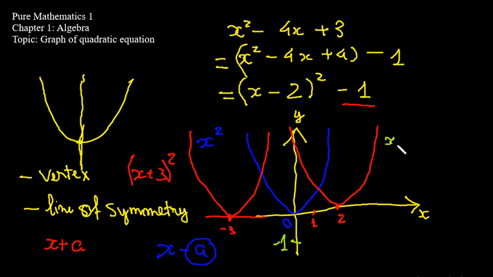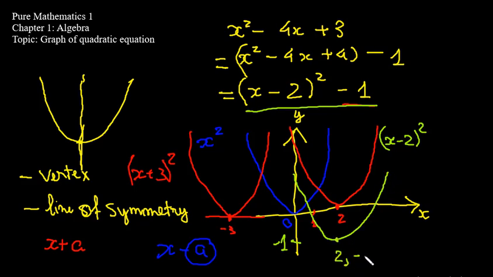Now I want to draw the graph of (x minus 2) squared minus 1. It will move down by 1, and its vertex now is (2, minus 1). It is the vertex of this one.